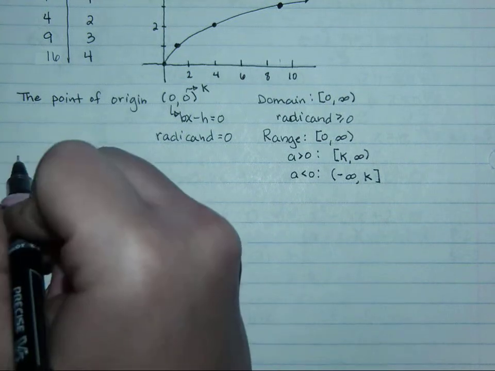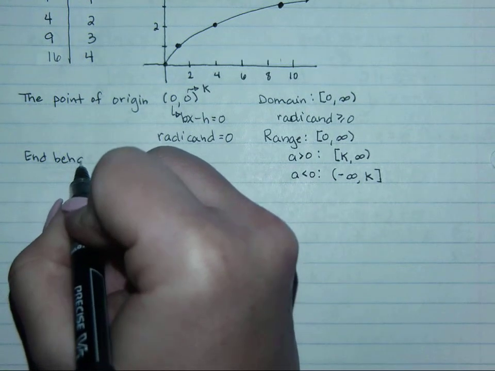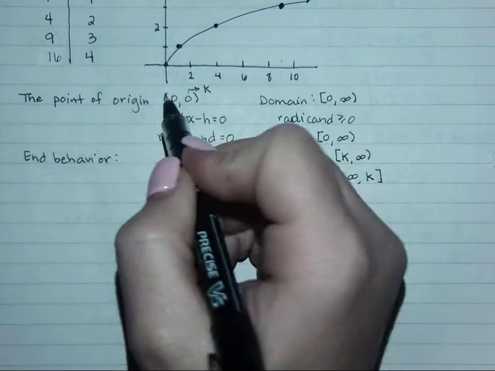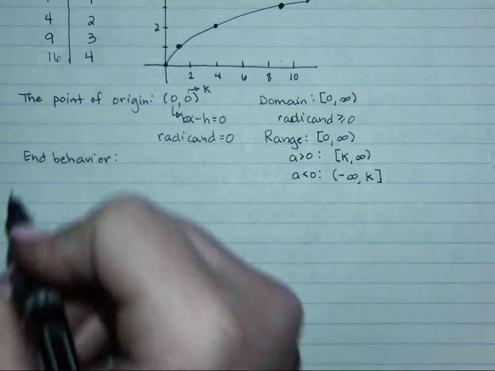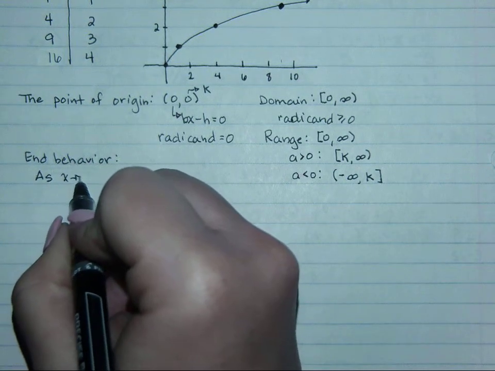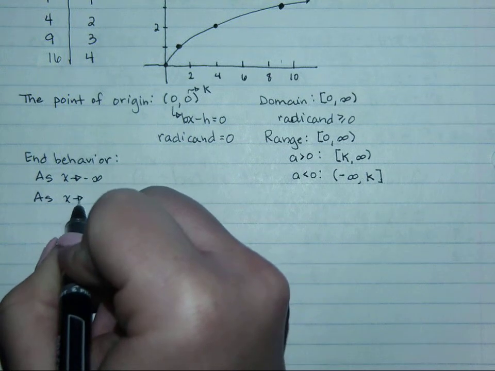Now we also have something called our end behavior. Your end behavior is saying what's happening to the two ends of the graph. The way that we talk about that is we say what is happening as x is approaching negative infinity, and what happens as x is approaching positive infinity.